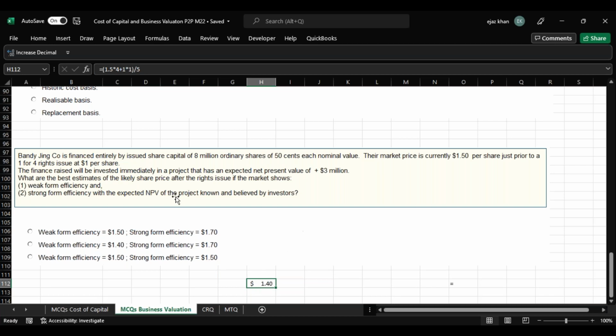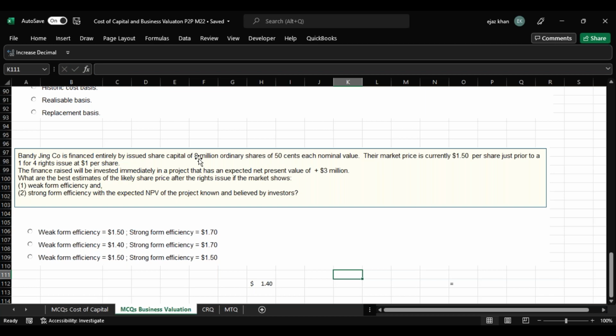Now let's talk about the second one, strong form. In the strong form, even the expected net present value will be reflected in the share price. Now expected net present value is $3 million, and the total number of shares will now be the new shares issued and the existing shares.